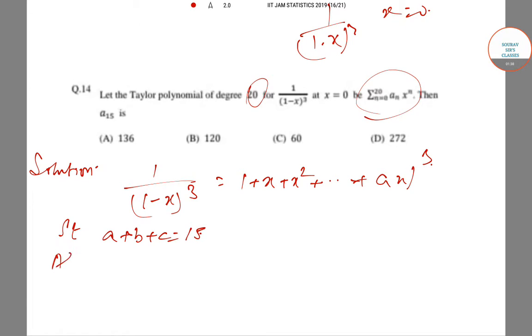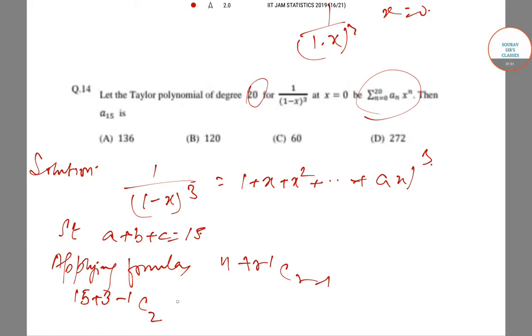So if we apply the formula, n plus r minus 1 C r minus 1, we will get 15 plus 3 minus 1 C 2, which is equal to 17 C 2, which is equal to 17 into 16 by 2, which is nothing but 136.